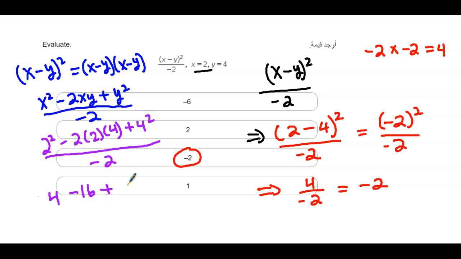And then this one is also positive 16. And you see that this and this will be 0. And that will bring you back to the same 4 over negative 2, which is negative 2. Whichever way you go, this should have been straightforward because there was no variable at the denominator, so you should have plugged it in right away, and within a minute you'd be done with your answer.